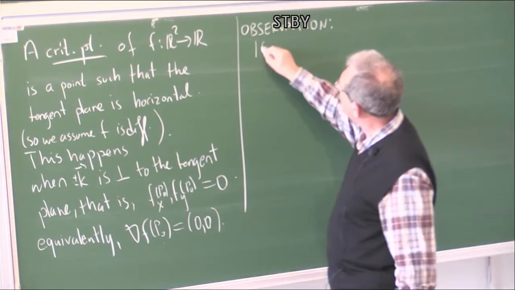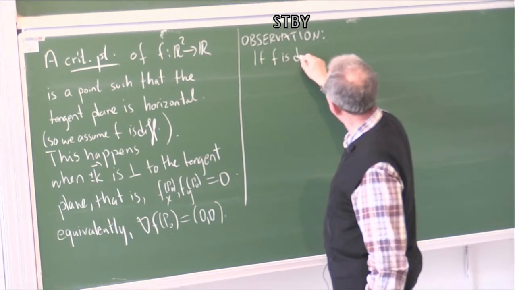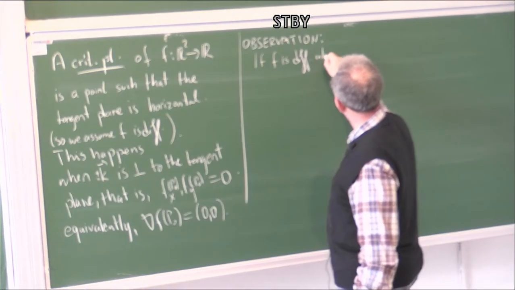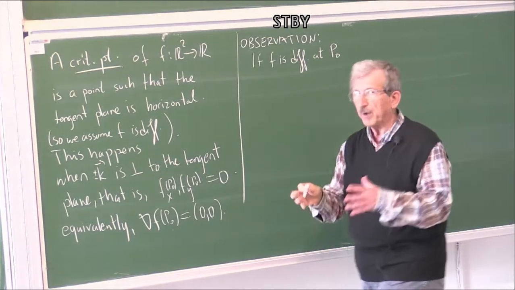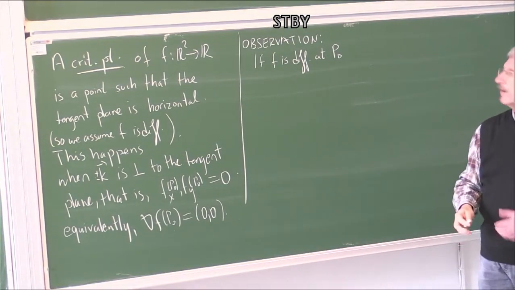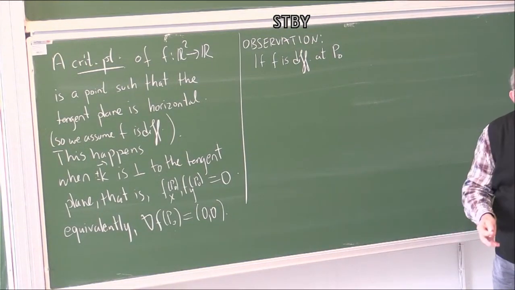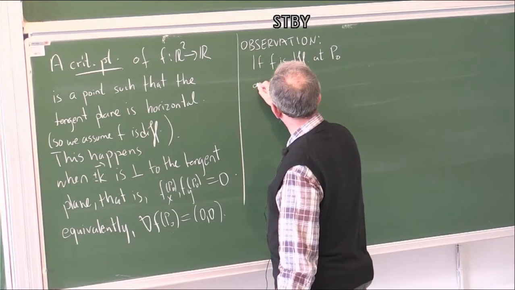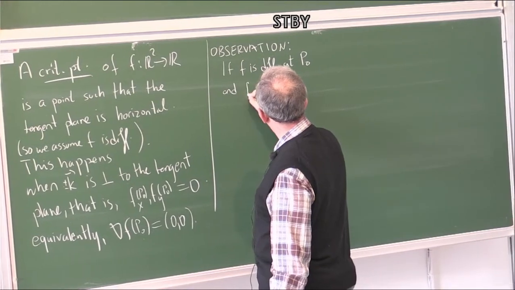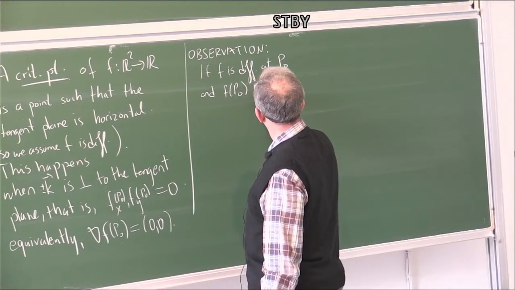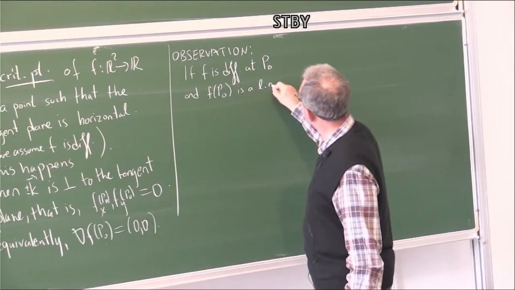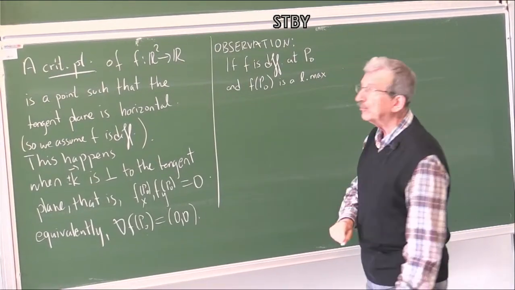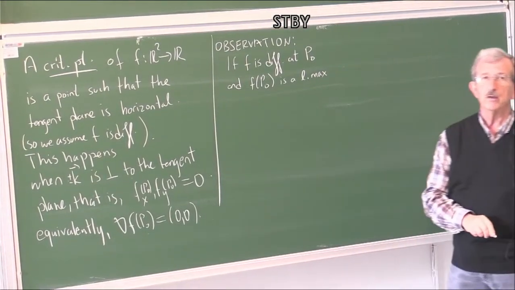If f is differentiable at p0, hence there are partial derivatives and there are directional derivatives, and f of p0 is a local maximum value, what happens now?